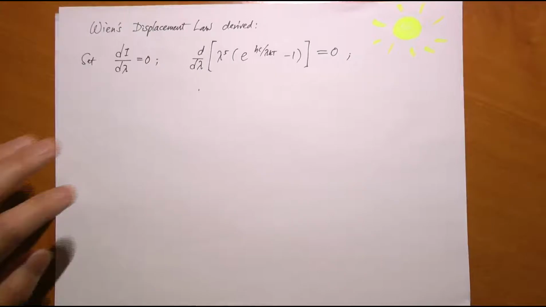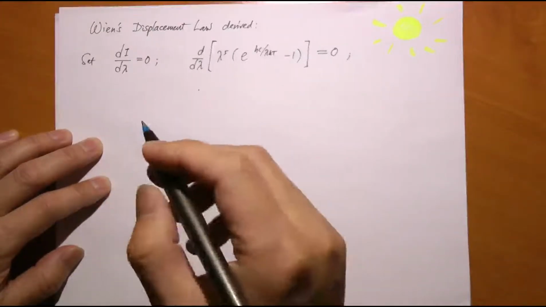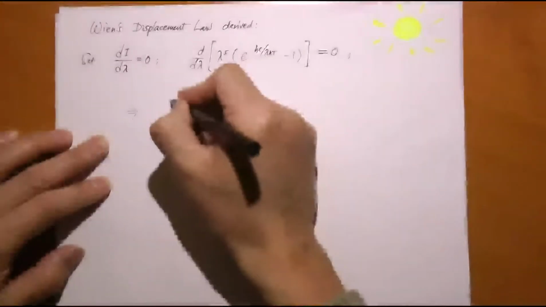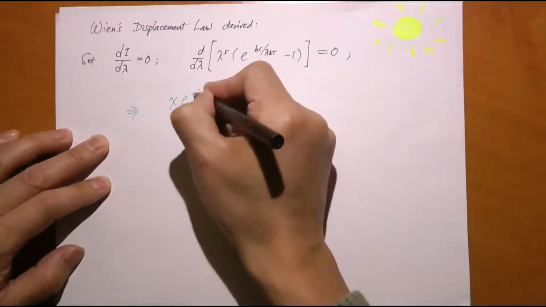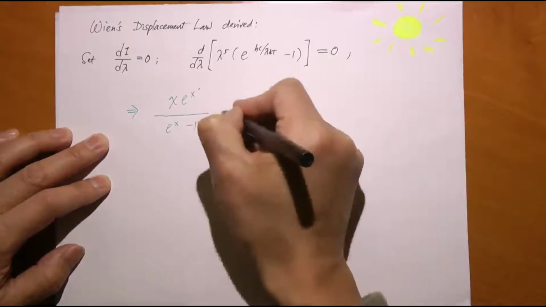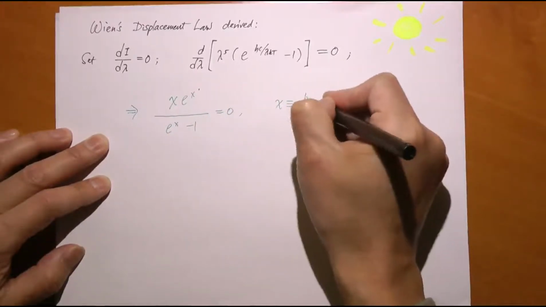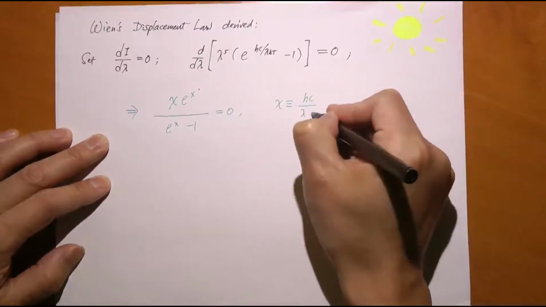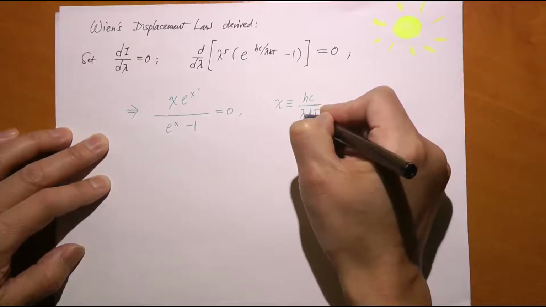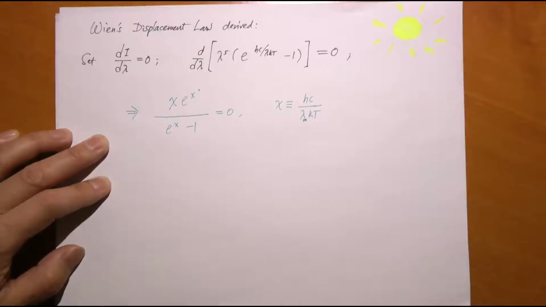What you get is, if you finish this derivation, x times e to the power x divided by e to the power x minus 1 equals 0. And the x is defined as hc over lambda kT. This lambda is not just any lambda, it's lambda maximum, the wavelength corresponding to the strongest or maximum radiation.